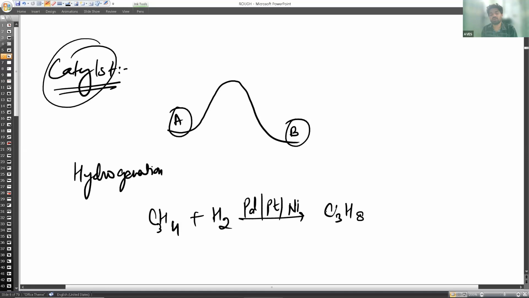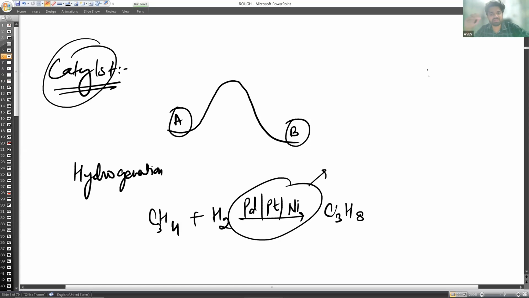You will learn this in higher classes also, but I'm just teaching you the role of palladium and platinum: they provide the surface area for the reaction.